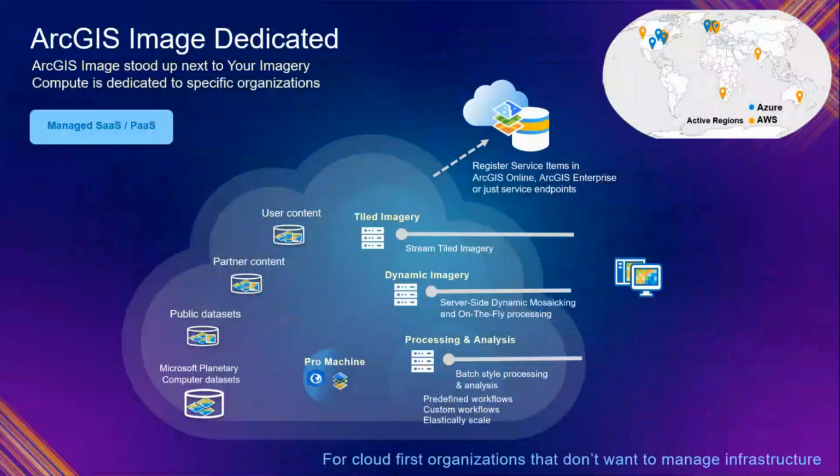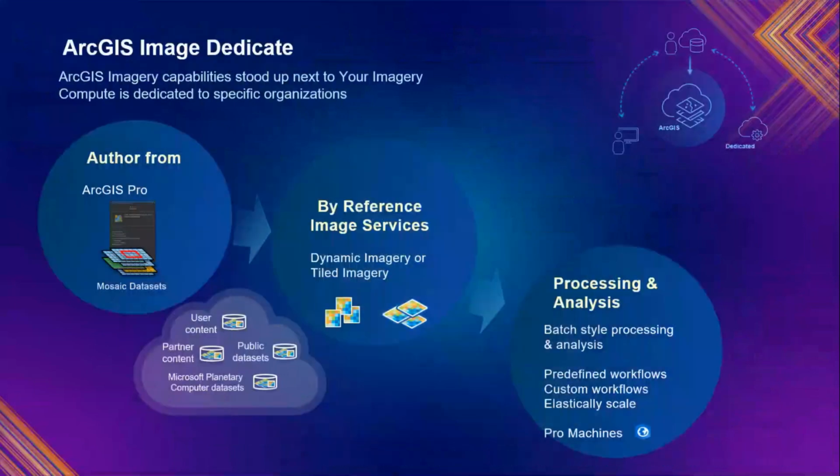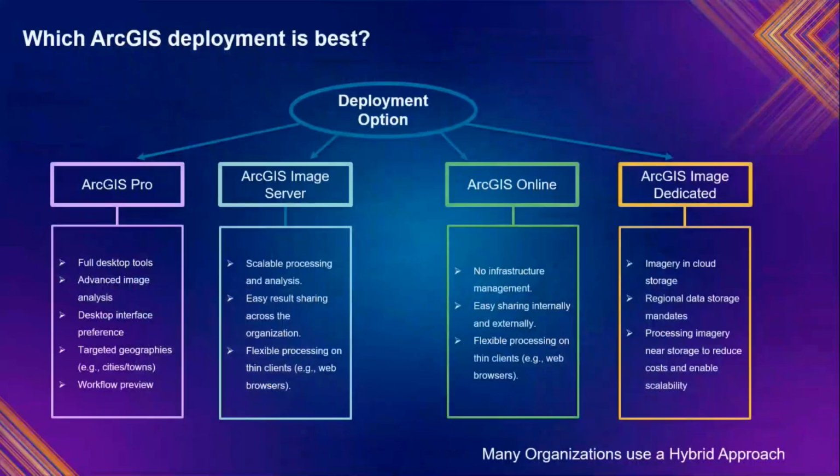We can massively scale the processing and analysis to be performed. In Image Dedicated, the authoring is typically done with ArcGIS Pro. You reference the data, so it's not hosted. The servers point to where the data is, preferably running the processing in the same location as the data. Then you can perform different types of processing on the data, with the outputs either being served as new services or written to cloud storage.